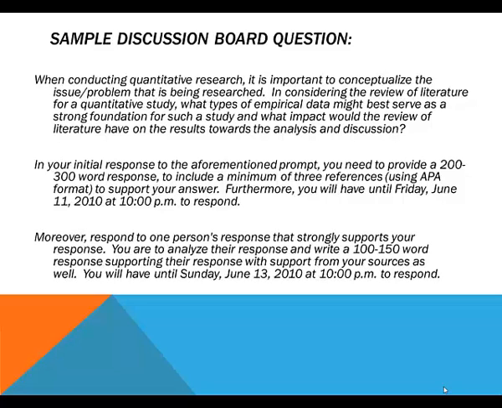We also give a deadline for the first initial posting. We also say when you respond to your peers, 100 to 150 word responses, and give a deadline for that. This level of specificity helps students know exactly what you're looking for. It manages their expectations and makes sure that you're really clear when you're grading them on what work they've provided.